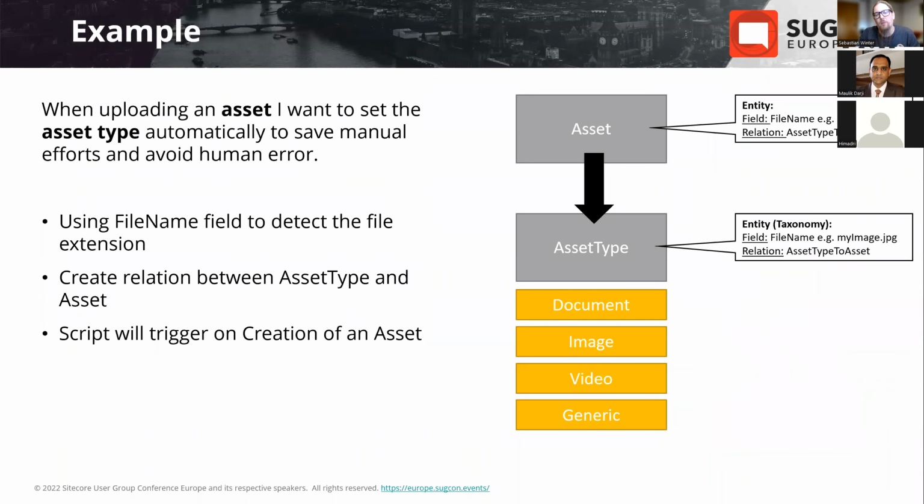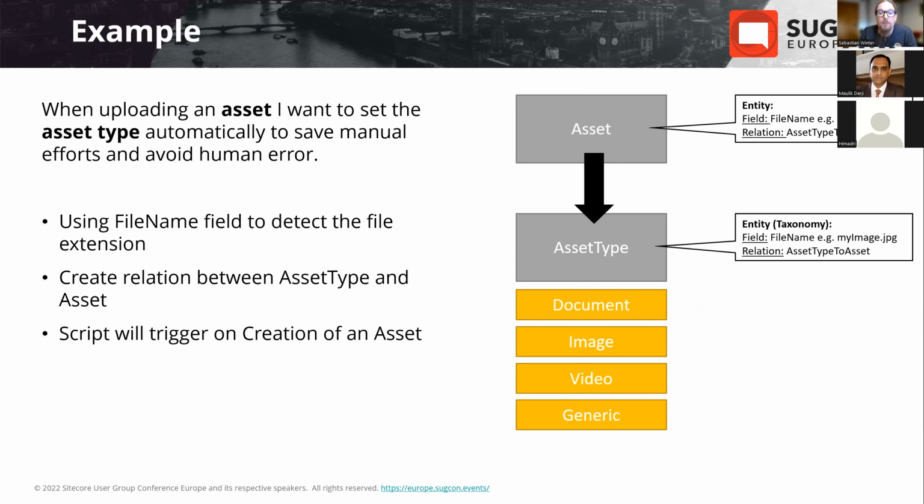The example that I want to show you in the demo is about an asset. I told you already what an asset is. It's basically an entity with certain fields. What I want to do is, whenever I upload an asset, I want to set the field asset type automatically. Asset type is also an entity, or being more precise, it's a taxonomy, but I've already created values for this taxonomy.